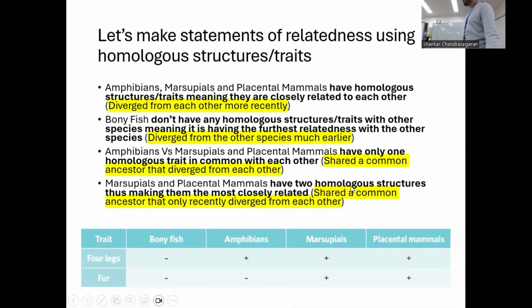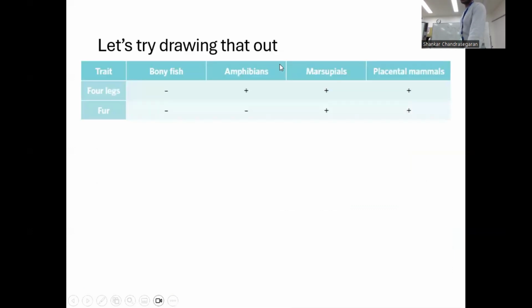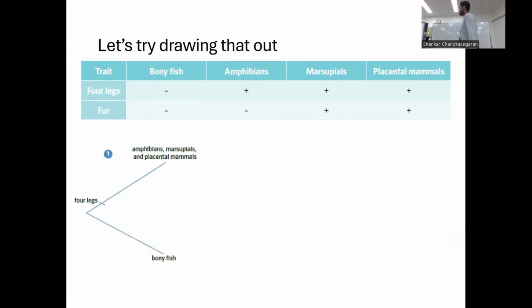So now we have our 4 pieces of information. We can start to construct our phylogenetic tree, right? So the first thing: we know that bony fish has no homologous structures, so we do that part first. We basically lay it out. First, we know that the root is here. The outgroup would be bony fish because they share no homologous structures.